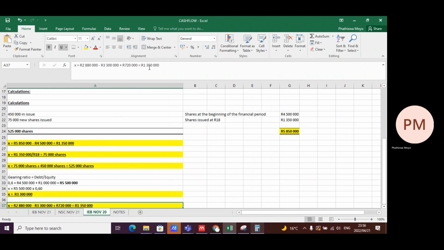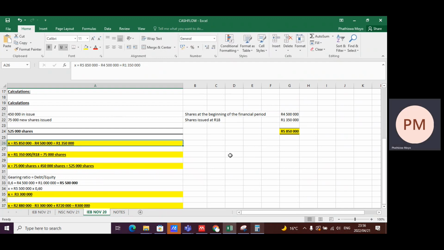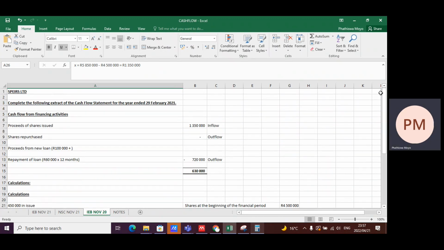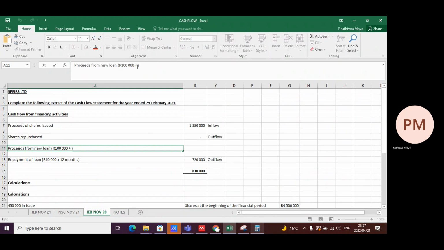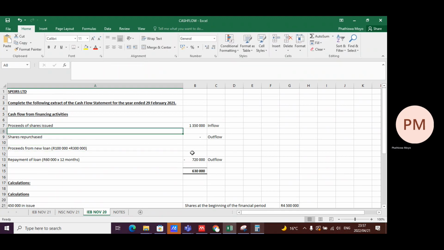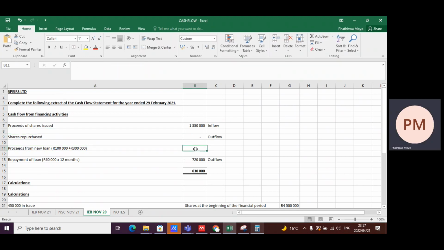So the bond is 300,000. That is the proceed. So you add it to the 100,000. Meaning we have 400,000. An inflow. An inflow. I hope I subtracted what I needed to subtract.